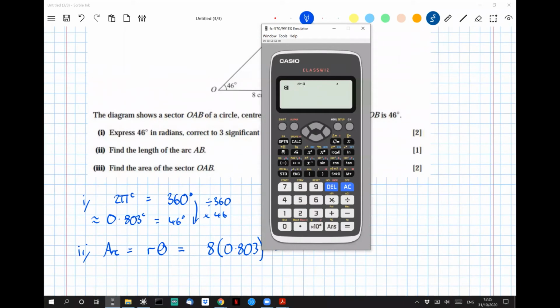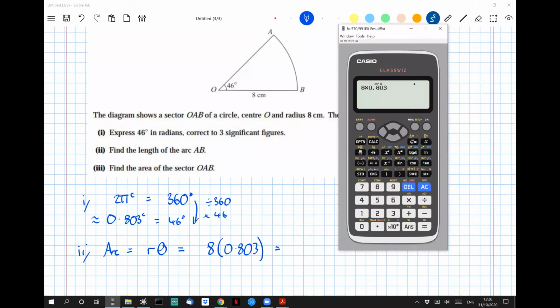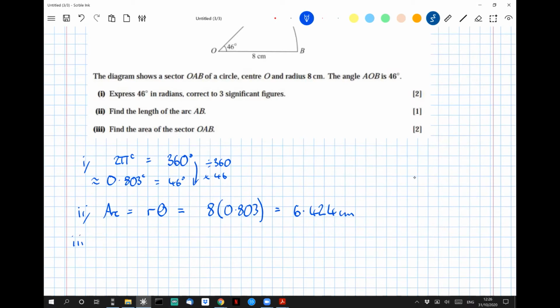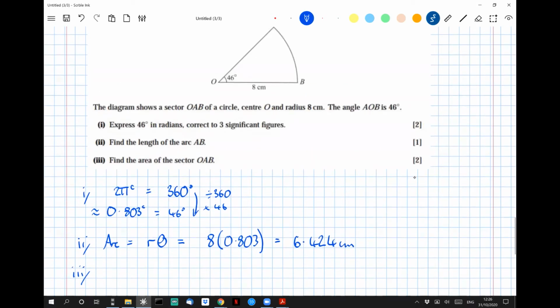So 8 times 0.803. I'm going to use the less precise version than was stored in my calculator, because the question seems to suggest that the number given in part 1, we're going to use that. So that's the reason I've done that. I don't think you'd lose marks either way, though. 6.424, and it was centimeters. Part 3, find the area of the sector.